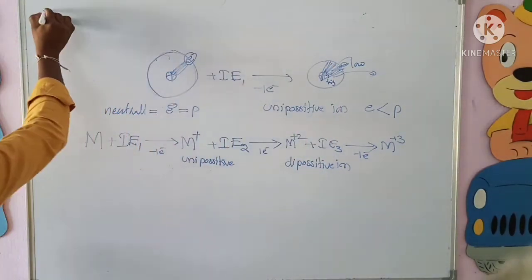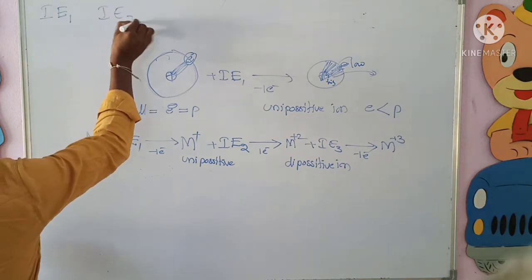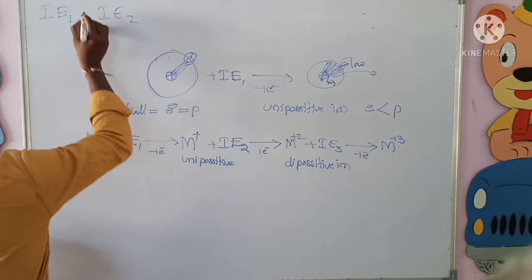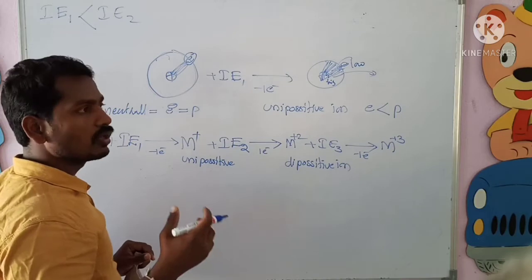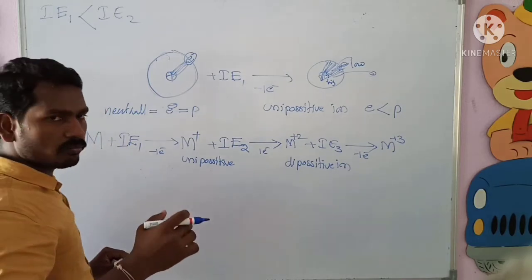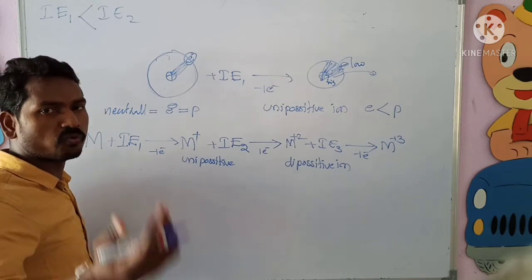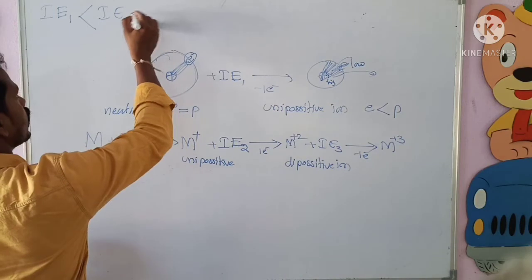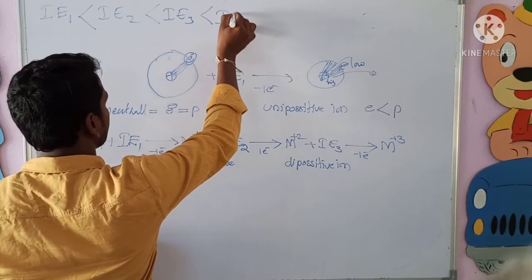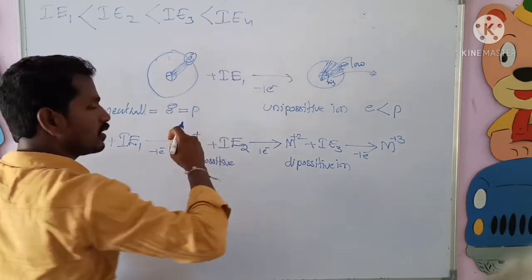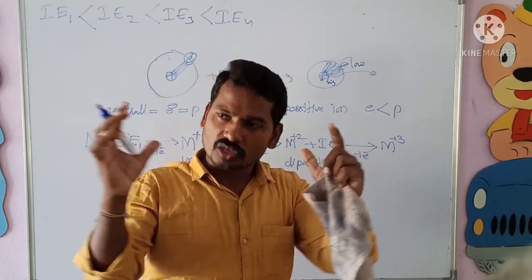Between IE1 and IE2, which is higher and which is lower? The second time you apply more energy. For example, if an atom has more than three or four ionization energies, like IE2, IE3 and IE4, then by losing electrons one by one, the size decreases step by step.